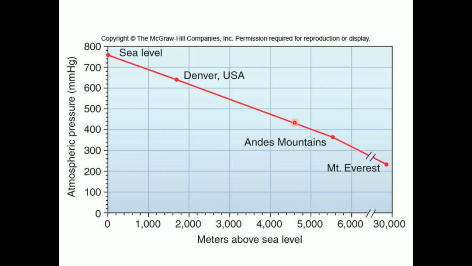Here, the atmospheric pressure is down to about 440 millimeters mercury, or we could also say it's a decrease of 320 millimeters mercury in terms of pressure. Further down, the highest mountain of Ecuador is somewhere around here, and here we have less than half the atmospheric pressure that we had at sea level. And obviously, we continue to drop the higher we get.